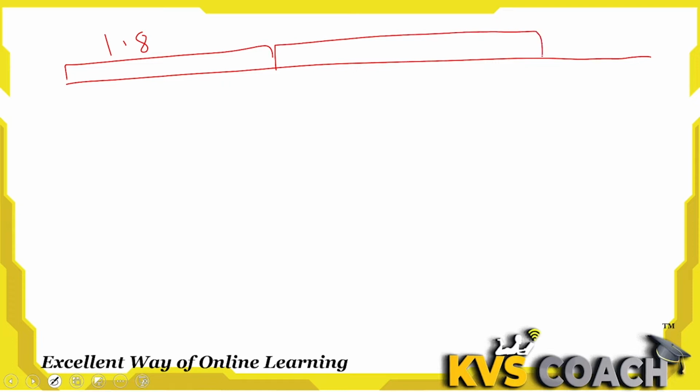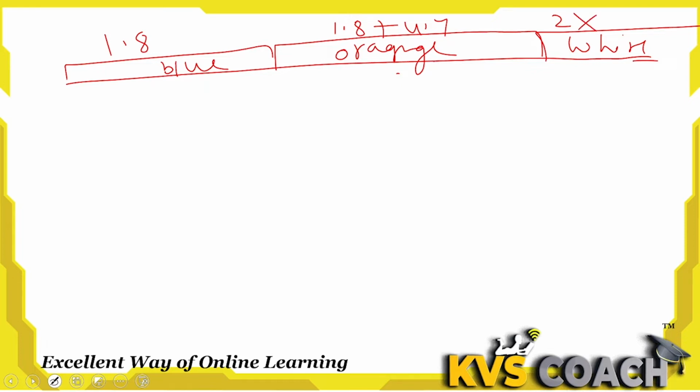So this is 1.8 plus 4.7. This is the blue part and this will be the orange part. Now the third part: the length of the white portion is double the length of the orange portion. So this will be much longer than this. The white portion will be twice this value.